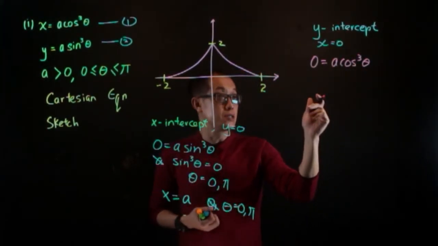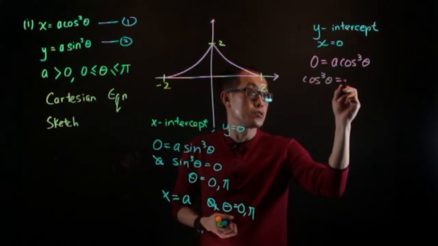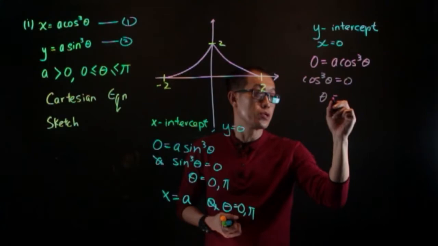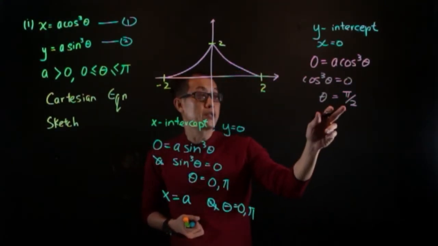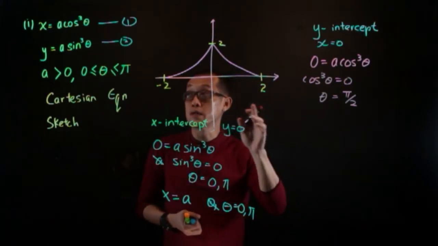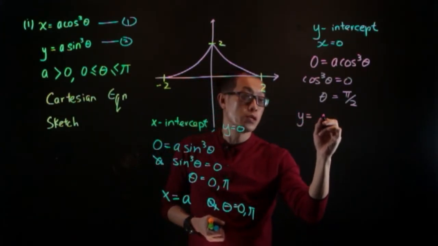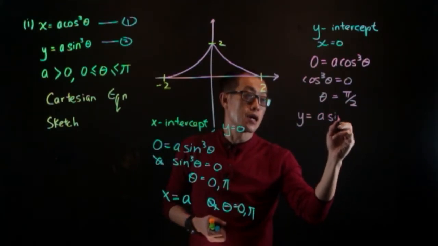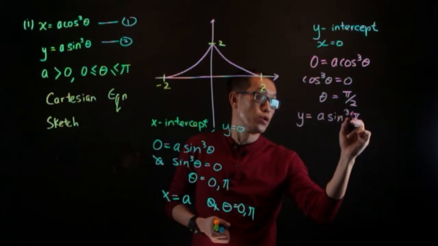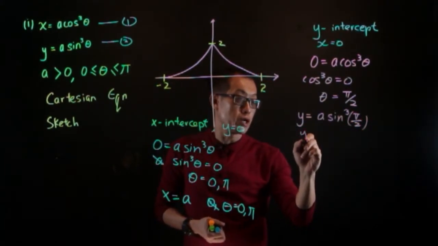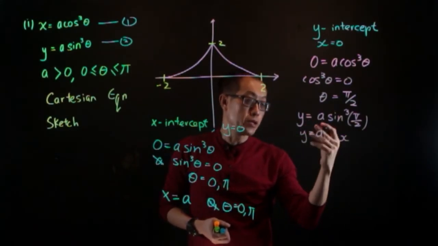A is greater than 0, so cos cubed theta equals 0, and theta equals pi over 2. Now when theta is equal to pi over 2, what is your value of y? y will be equal to a sine cubed pi over 2. Sine of pi over 2 is 1, so y will be equal to a when x equals 0.